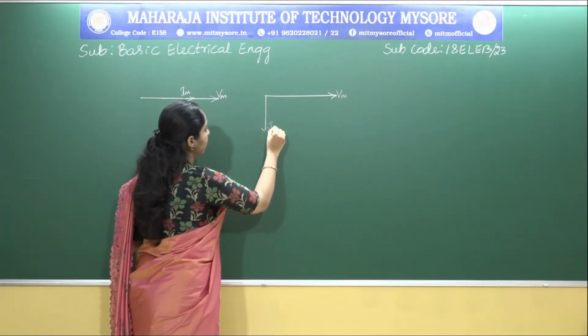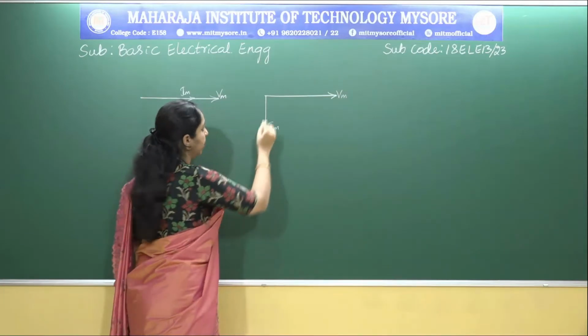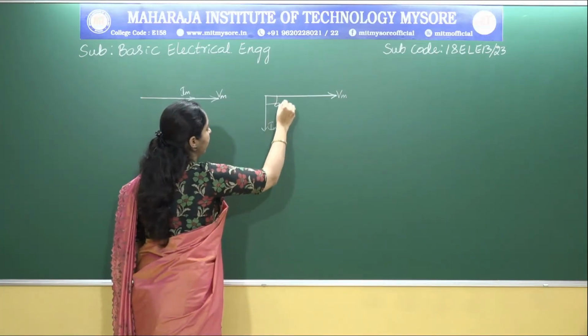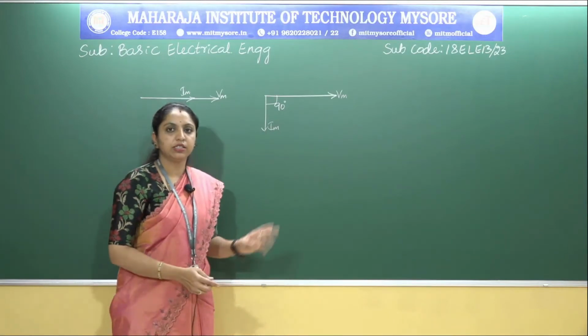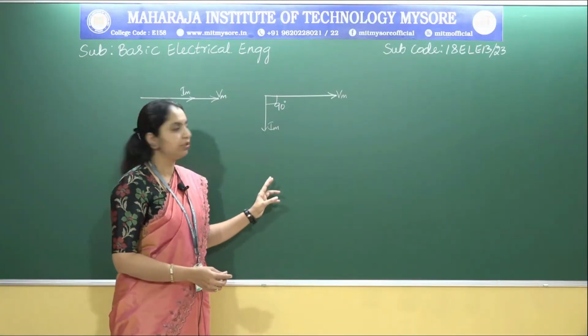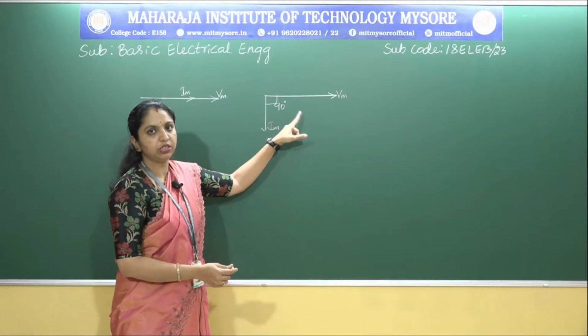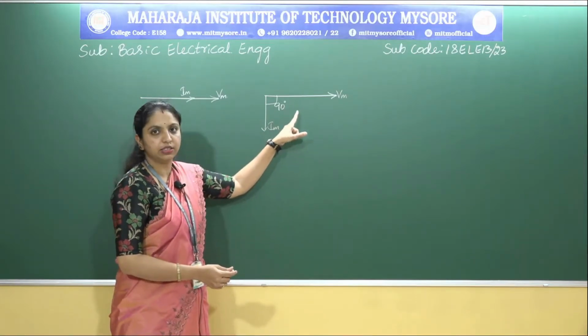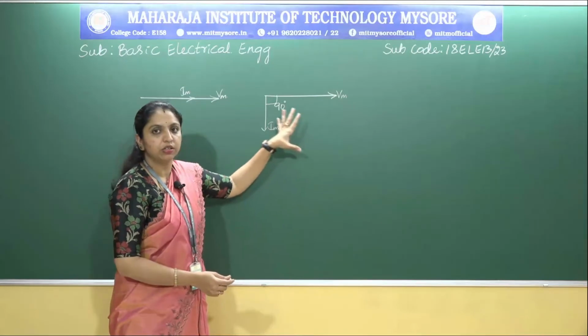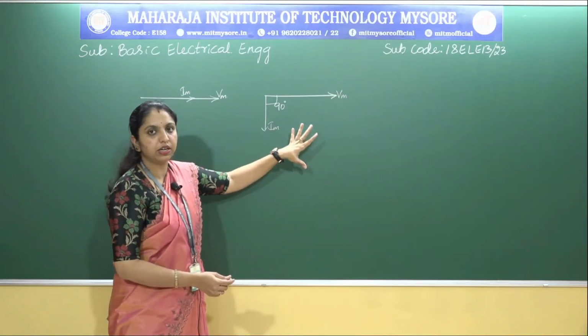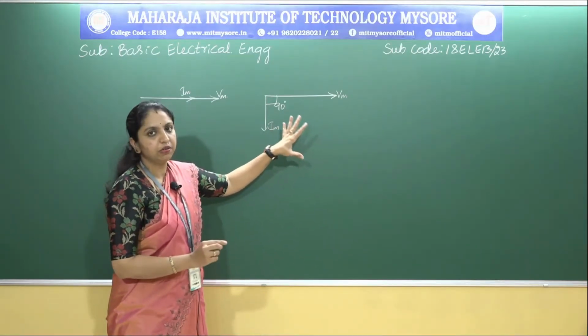Here we represent the current, which is the maximum current Im, and here is the angle difference. That means there is a 90 degree angle difference between current and voltage, and current lags voltage by 90 degrees. This is nothing but the phasor diagram of the pure inductive circuit.